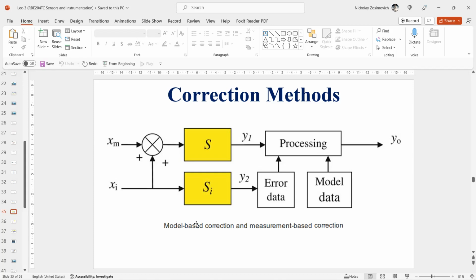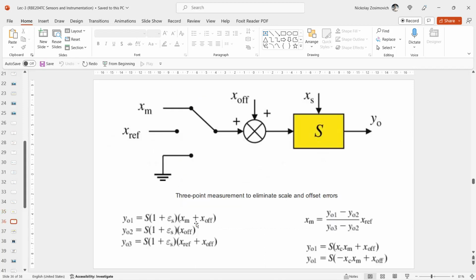The output of this sensor is used to correct the original sensor signal. The method is straightforward, but requires additional sensors, at least one for each type of interference. So in any case, we have advantages and disadvantages, right?